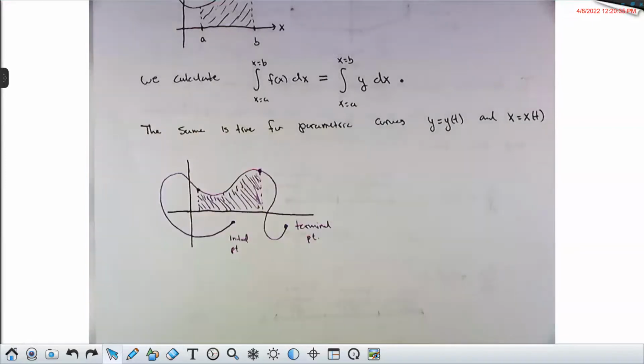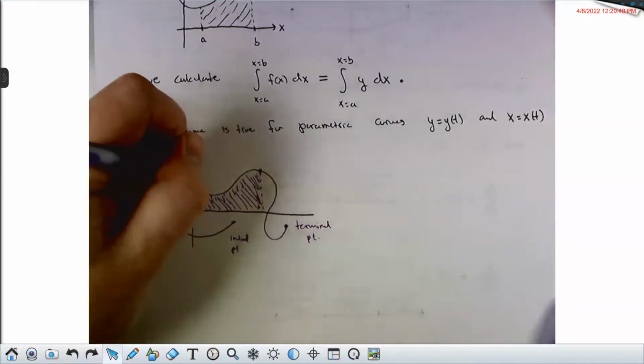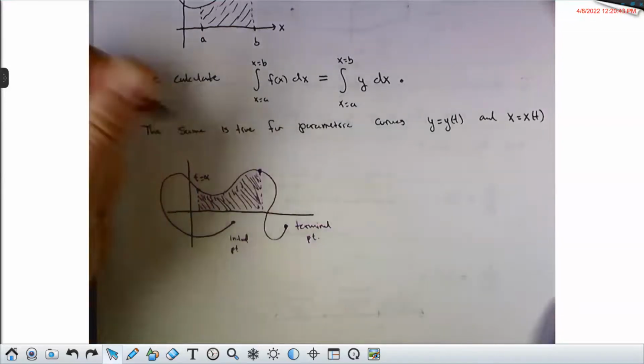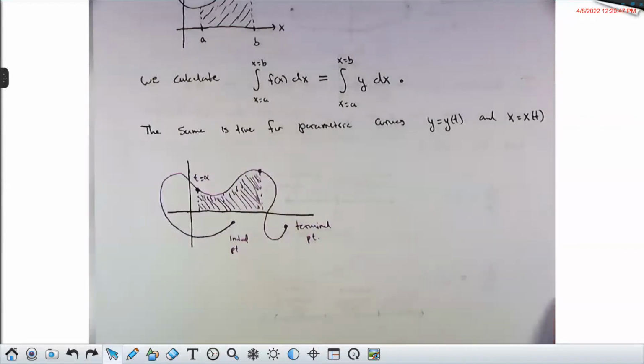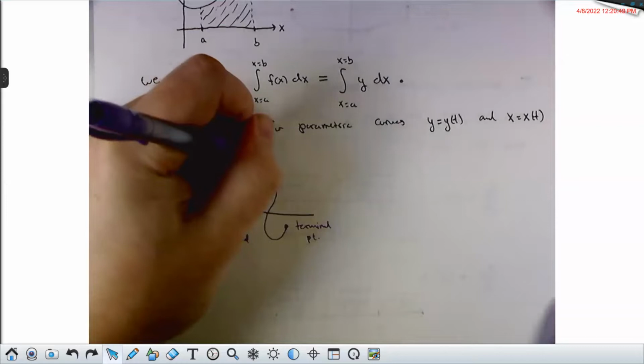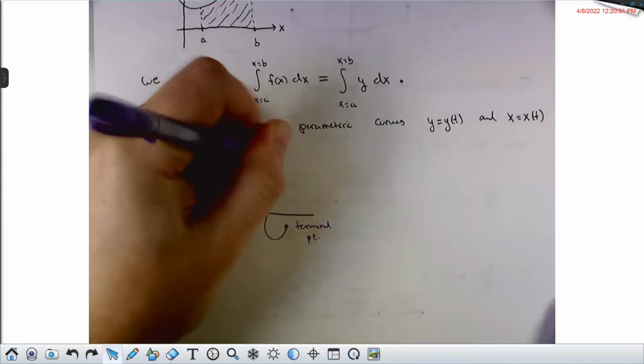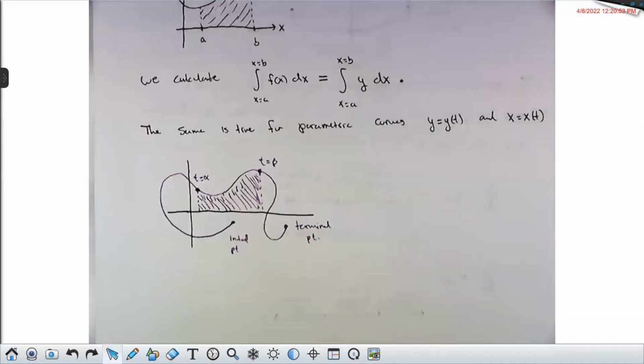I'll say that this point is the point associated with the t value alpha, and that this point is associated with the t value beta.